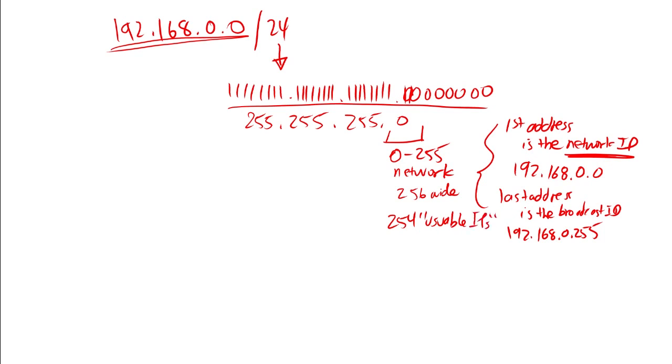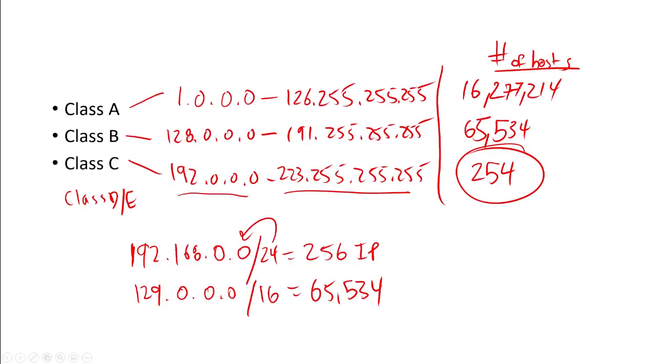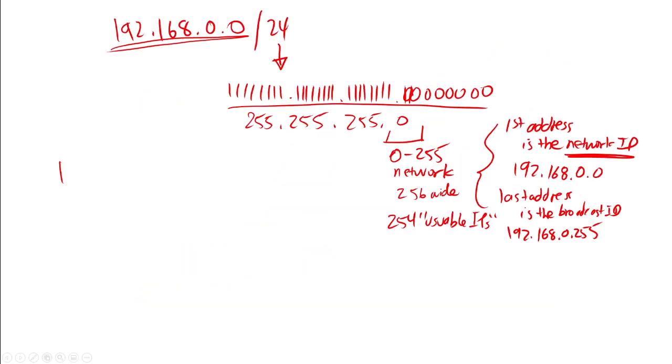So we go back to the, say, Class B network, which was 129/16. So 129.0.0.0, or whatever, say it was 1/16. You write out 16 ones.